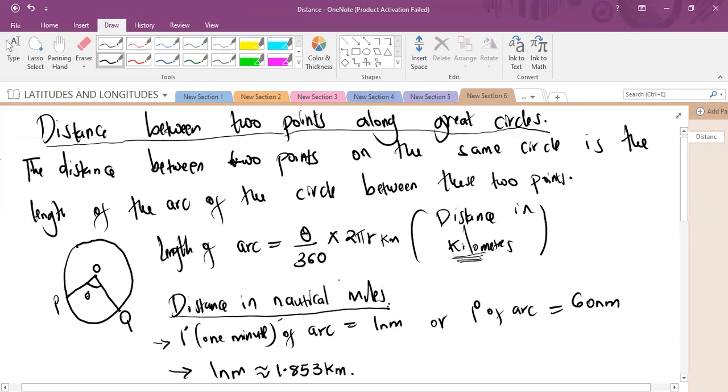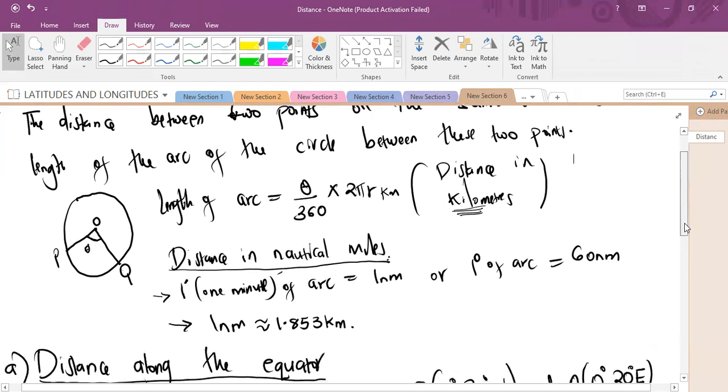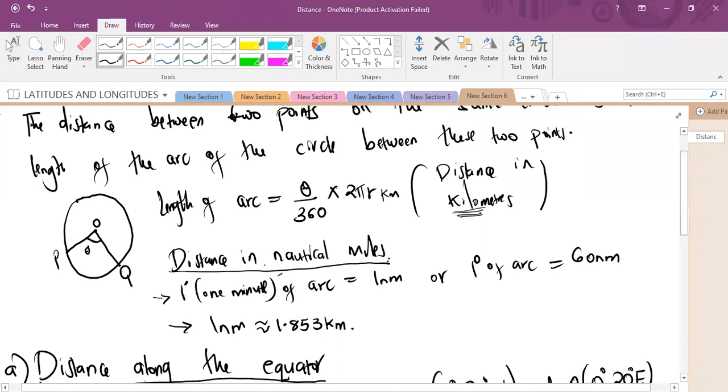Now, what if we want to get our answer in nautical miles? In order for us to get our answer in nautical miles, it is important for us to know the conversion. 1 minute of an arc is equal to 1 nautical mile, or 1 degree of an arc is equal to 60 nautical miles.